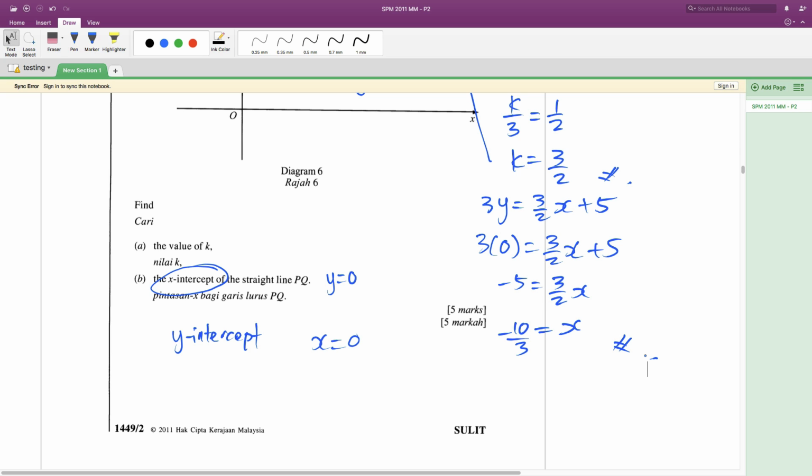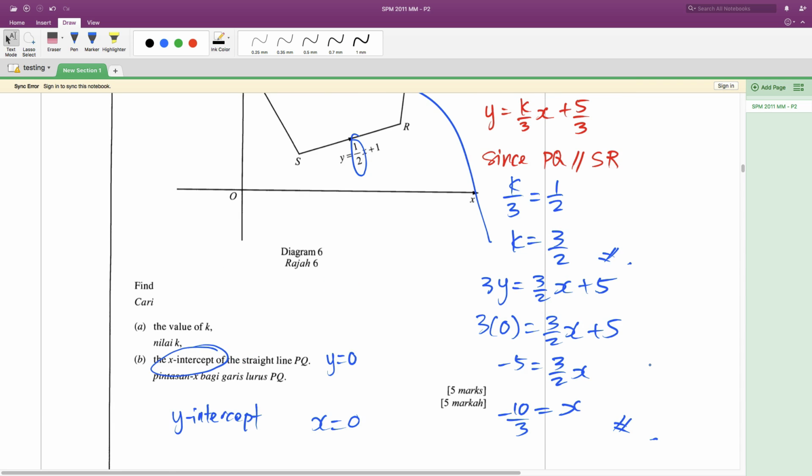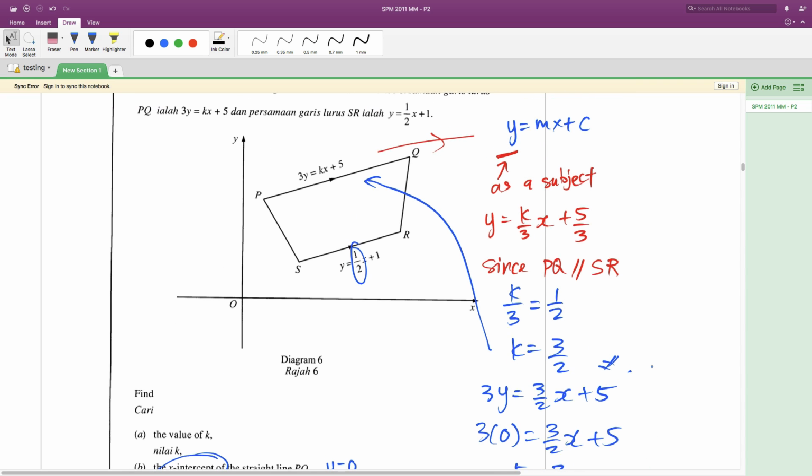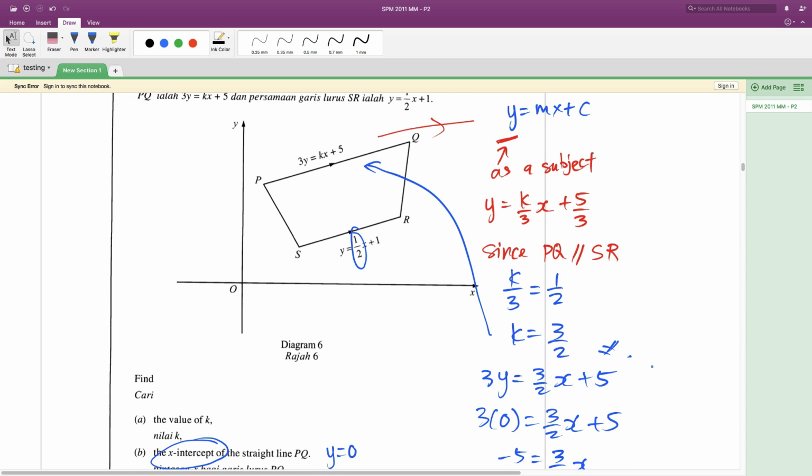So if the question asks us to find the coordinate, how can we solve it? If the question asks you to find coordinates, it depends on what coordinate the question wants to find.